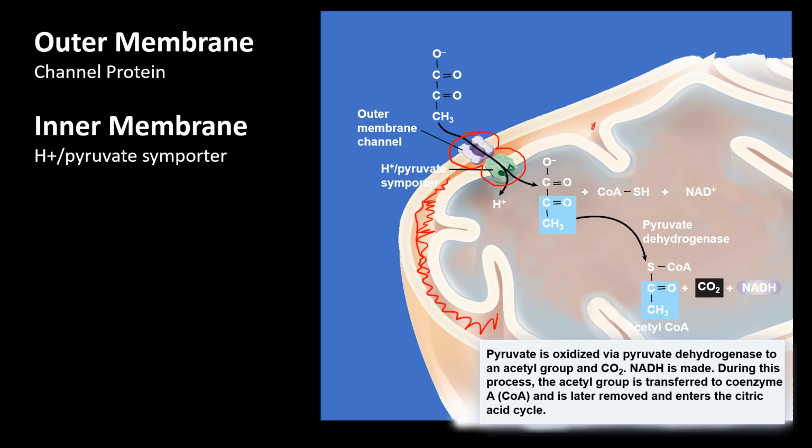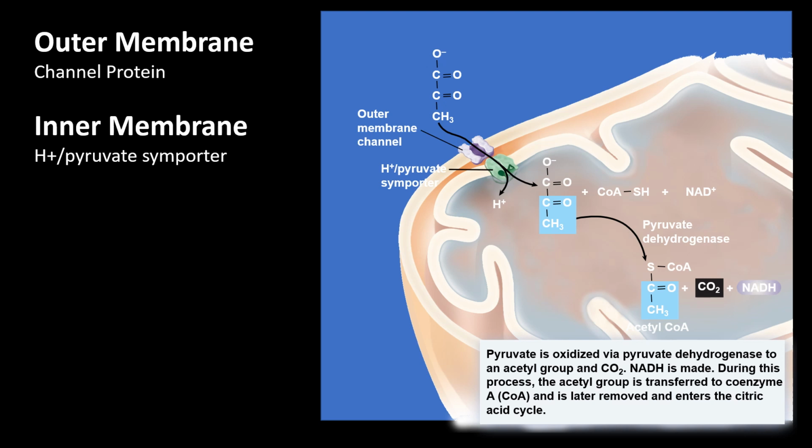And so this whole inside, the red squiggle area, this is the space between the 2 mitochondrial membranes. This is filled with the protons being pumped by the electron transport chain we'll get to later. And so some of that energy goes to making ATP, as we'll talk about more, but some of that energy goes to actually pumping pyruvate in. Okay, so we're actually using the energy for 2 different things.